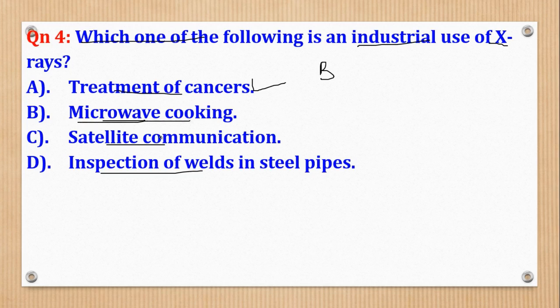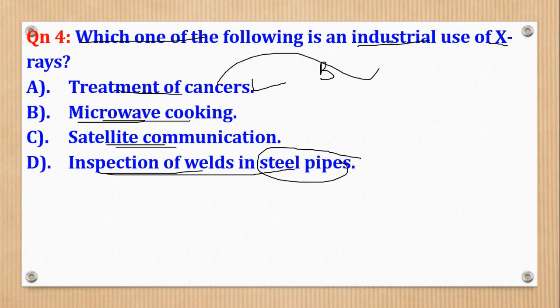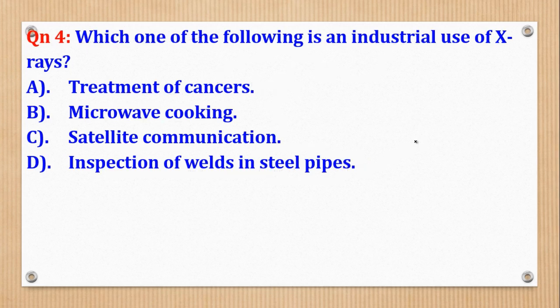Microwave cooking, no. Satellite communication, no. Inspection of welds in steel pipes is industrial. So the only option which is industrial was D.